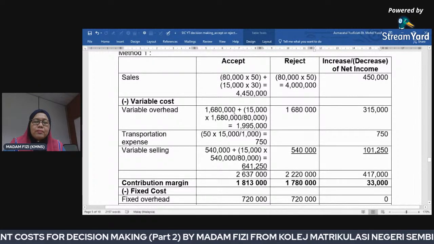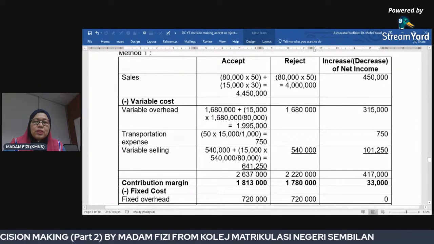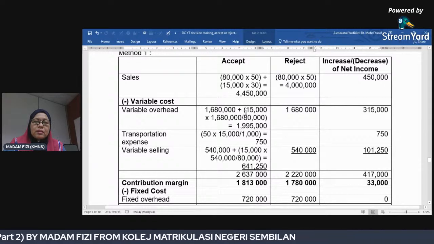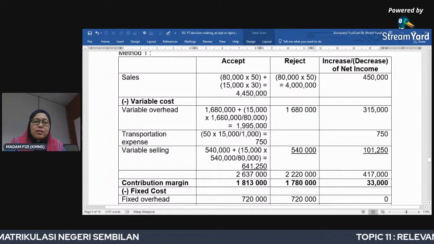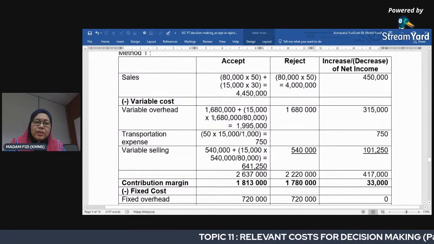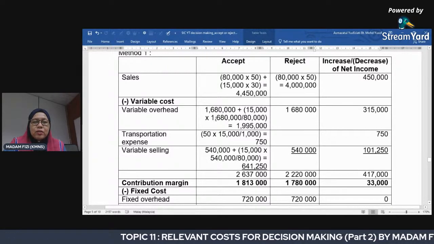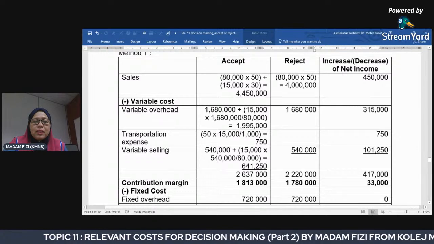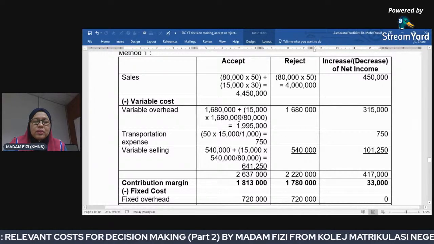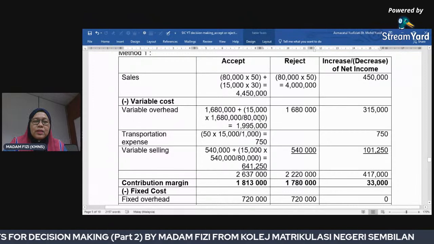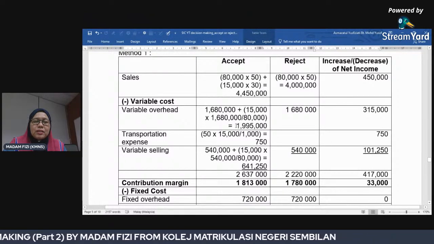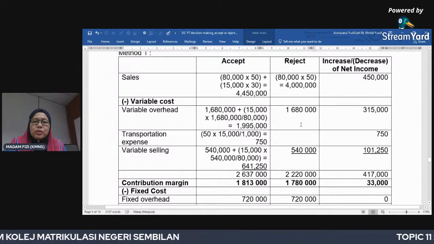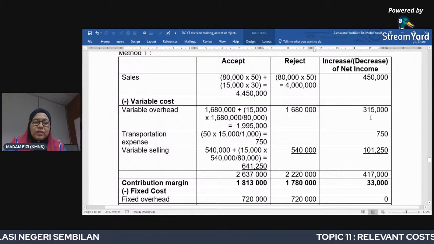But if we accept, you have to add the 15,000 special order times the variable cost per unit. So how to calculate the cost per unit is 1,680,000 divided by 80,000. Then you get the answer 1,995,000. So the difference is 315,000.